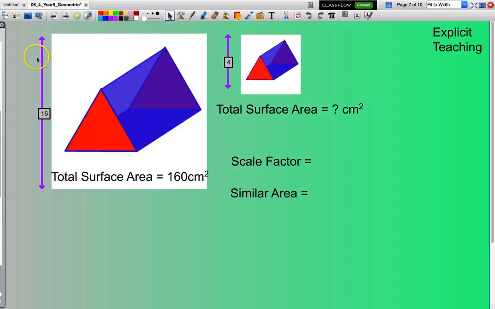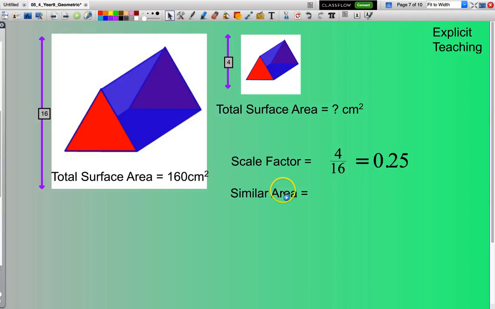The height of this one is 16 centimetres. The height of this one, 4. So first I need to work out the scale factor. It's the ratio of the side lengths. There we go. So the scale factor is 4 divided by 16, which equals 0.25.